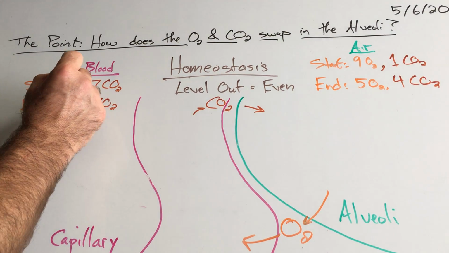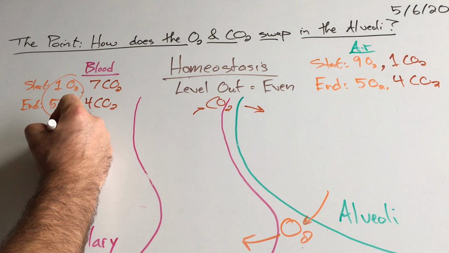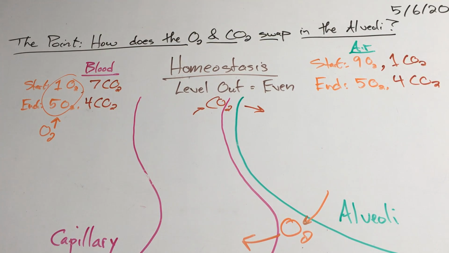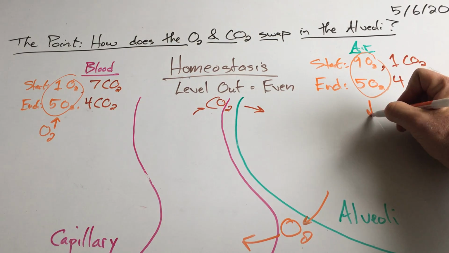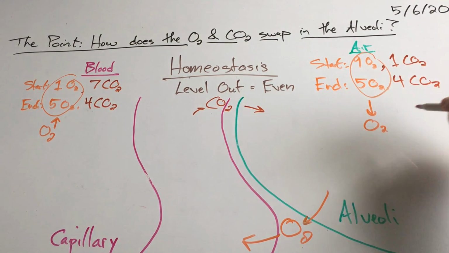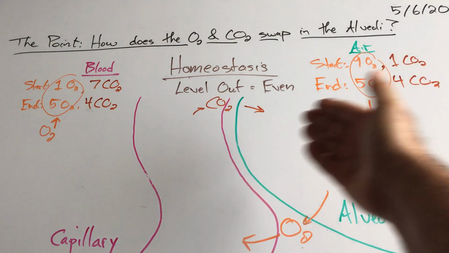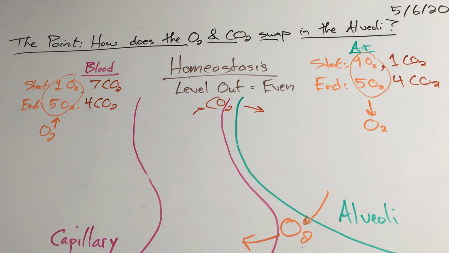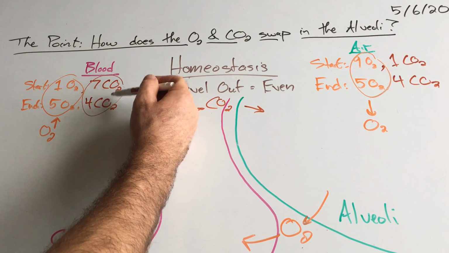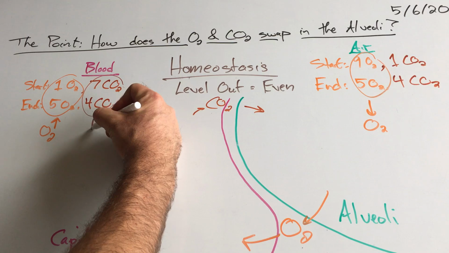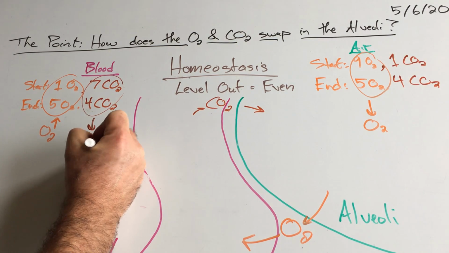But the effect is that the oxygen goes up in the blood and the oxygen goes down in the air, which makes sense because it has to go into the blood or we'd be dead. And the effect here is that the carbon dioxide in the blood goes down.